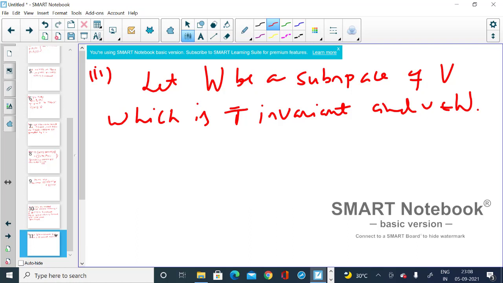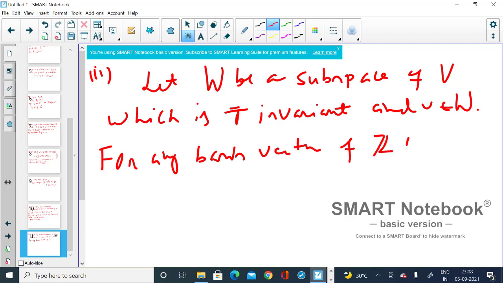And that is obvious because if I choose any basis vector of Z(V; T), say T^i of V, we need to show that this is an element of W, and that is obvious because W is T invariant.